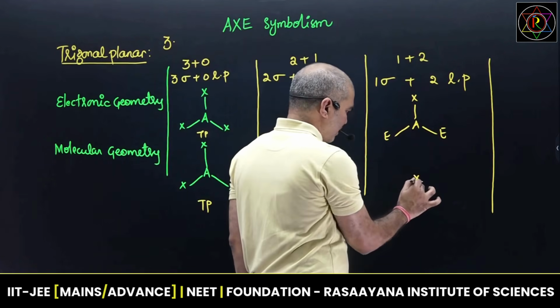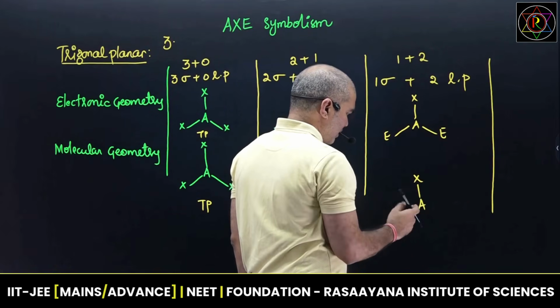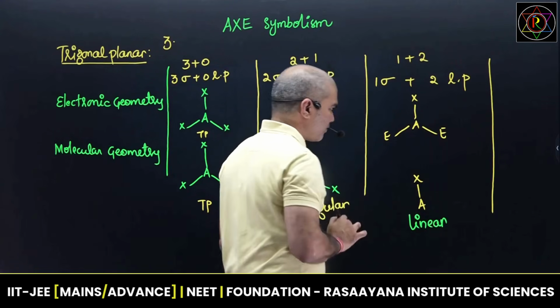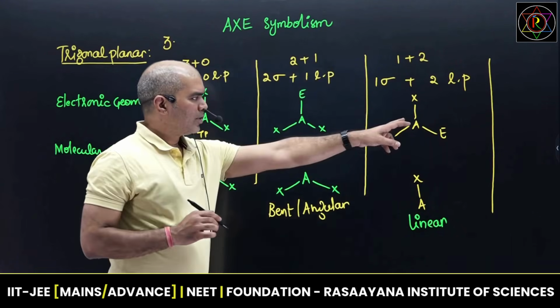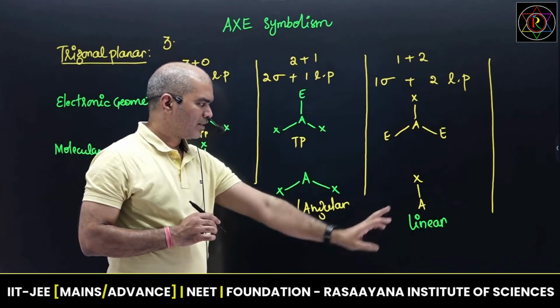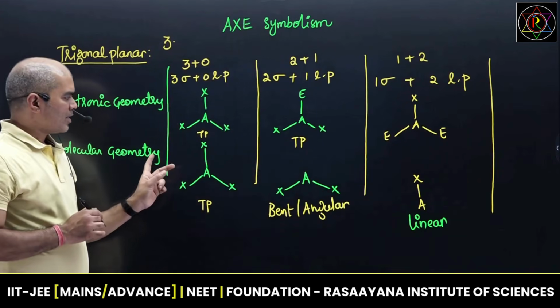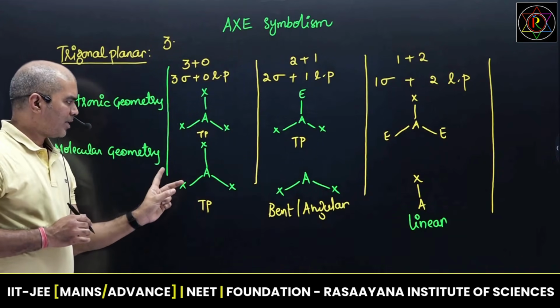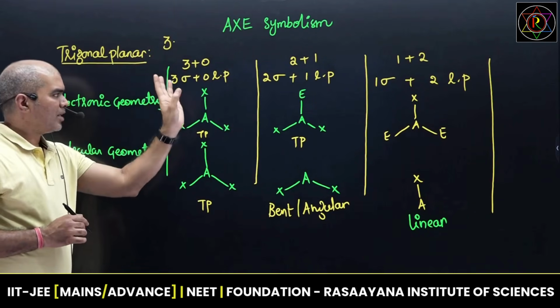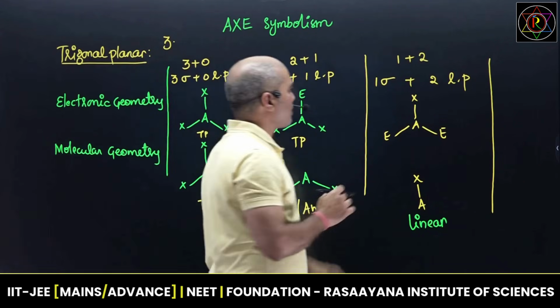If I indicate only X, then the geometry becomes linear. So this is again trigonal planar but not an equilateral triangle, while this is linear. So these are the various molecular geometries or shapes corresponding to trigonal planar with steric number 3. The steric number is the same.